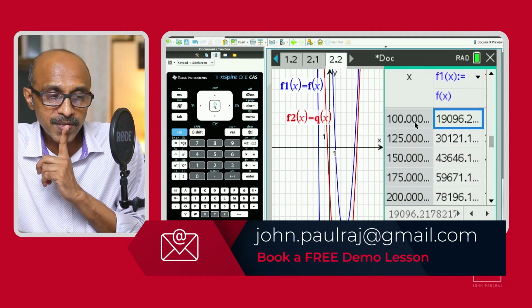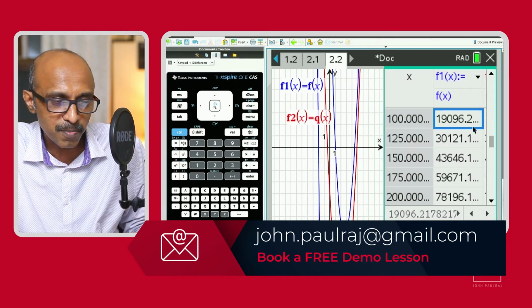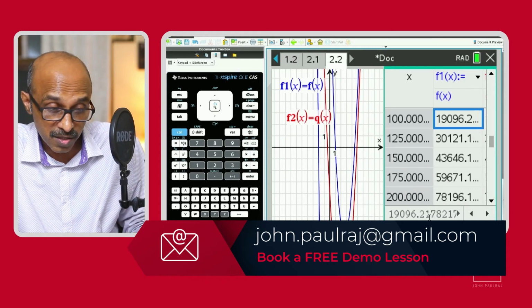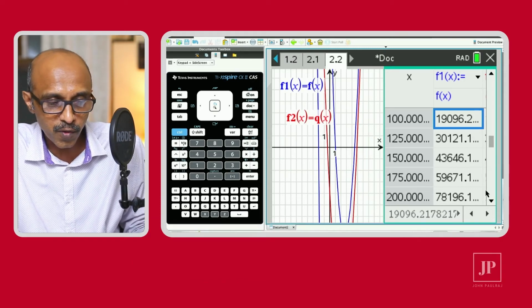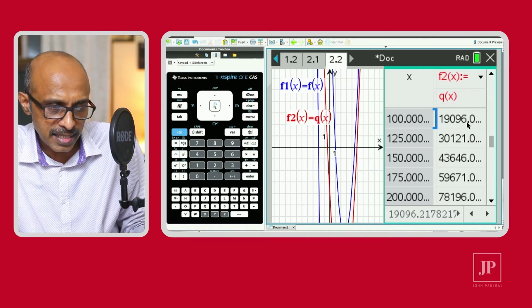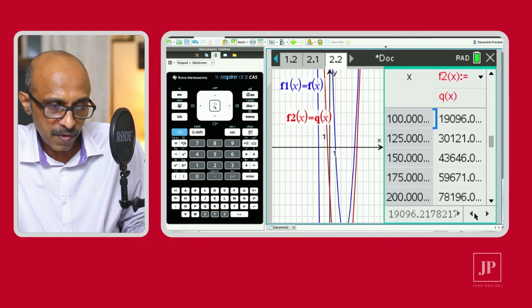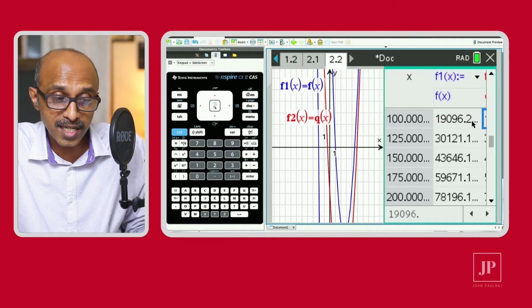Let's just go and check this out. So at x equals 100, the value of the rational function was 19096.2. The exact value is somewhere here, 2.217, and so on and so forth. And when I just go to the right and see, okay, 19096, what is it there? Oh, same. Well, similar, because this is 19096.00 and this is 19096.2.